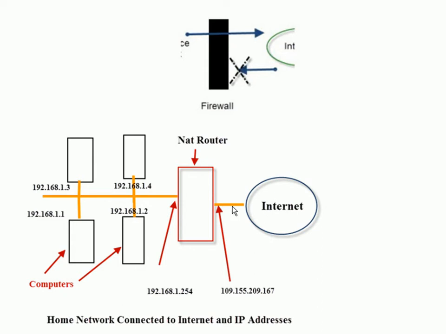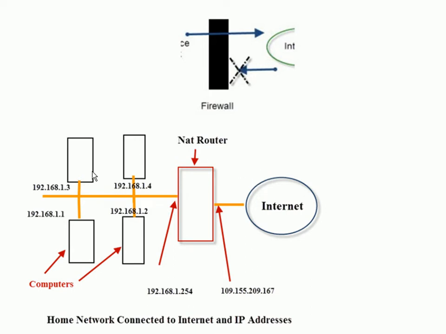Now usually this connection is a cable connection, an ADSL connection, or a fiber connection, and this router can be a wired router or it can be a wireless router. It makes no difference. Now it's called a NAT router because it performs a task called network address translation. That arises because these IP addresses here are internal IP addresses and they're not allowed out onto the internet.